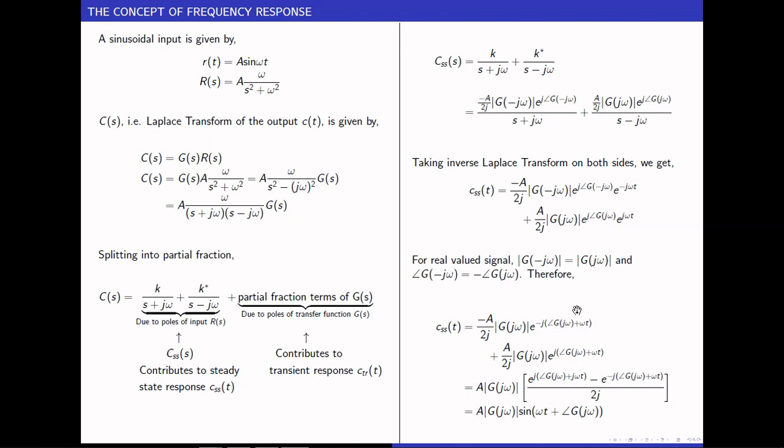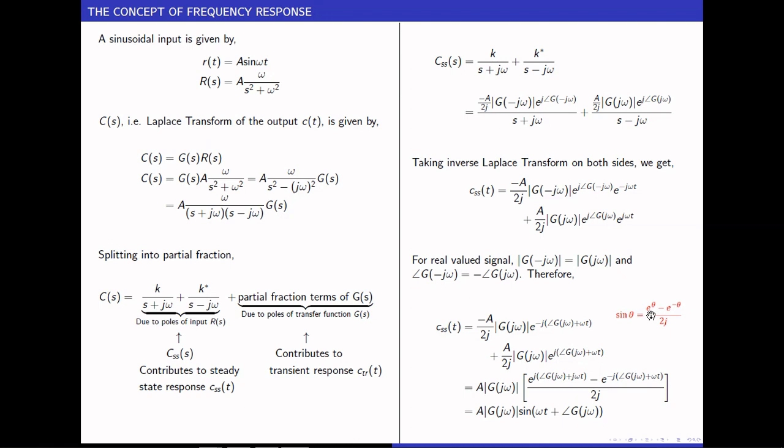That is what is being done after putting this substitution. So they have been combined and they get a single exponential term. So this is what you get. So you can notice that this angle and this angle are negative to each other.